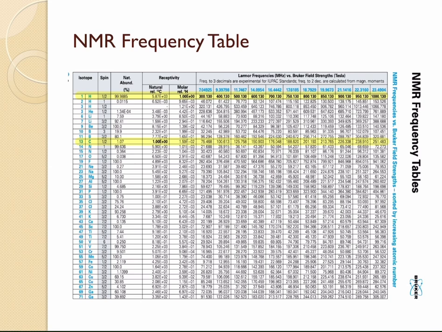Here is the frequency versus magnetic field strength table for different types of nucleus. As you can see from here, an NMR spectrometer that requires a frequency of 300 megahertz to flip the hydrogen nucleus requires a frequency of 75 megahertz to flip the carbon-13 nucleus. NMR spectrometers are equipped with radiation sources that can be tuned to different frequencies, so we can use the same NMR instruments to obtain the NMR spectra of different nuclei.